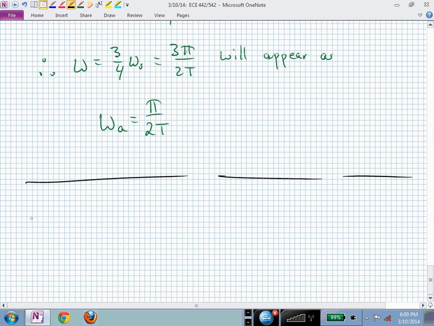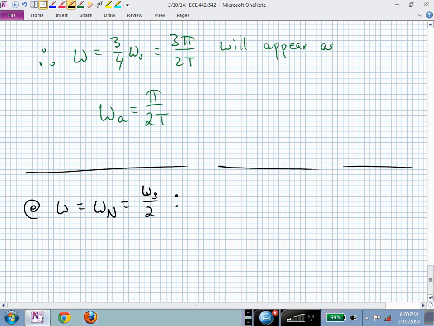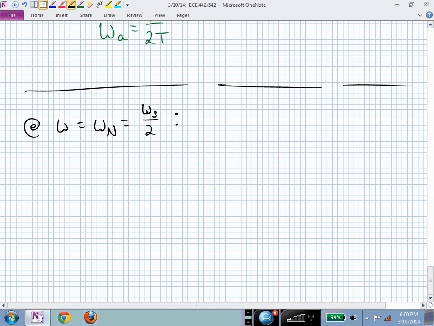Where are we ending up? If we now looked at omega equal to omega sub n, which is this omega sub s over 2, where does that take us? If we go through this mapping transformation, z is equal to e to the st, and now what do we have at omega sub s?